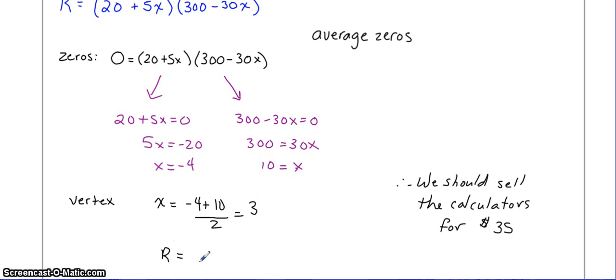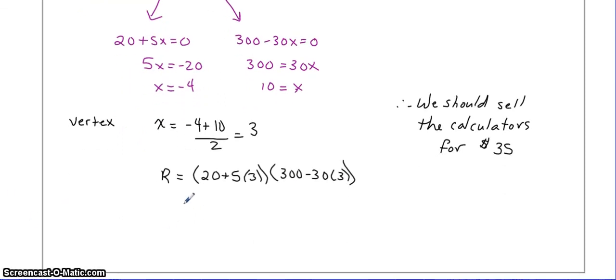So our revenue formula was 20 plus 5x, which is 3, times 300 minus 30x, which is 3. So that's 20 plus 15 and 300 minus 90. So that's 35 times 210.